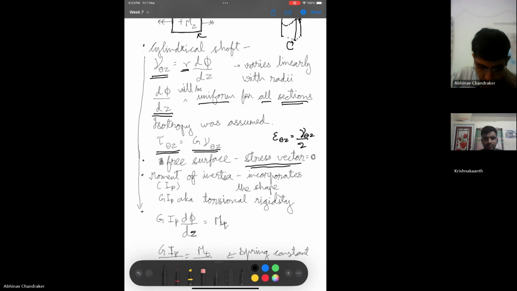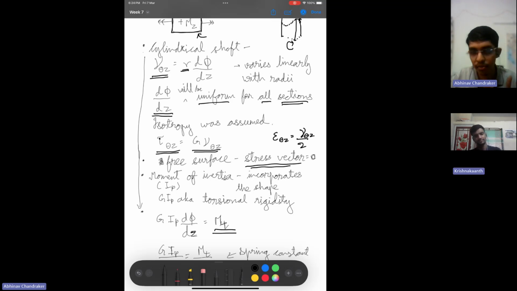And sir did some calculations to find out the moment, because the shear stress in the material is dependent on the radius of the element that you are considering. So it will vary along the radius linearly, as we have seen here. But if you want to find the moment of the load applied, then you will have to integrate it from the center to the surface of the shaft.